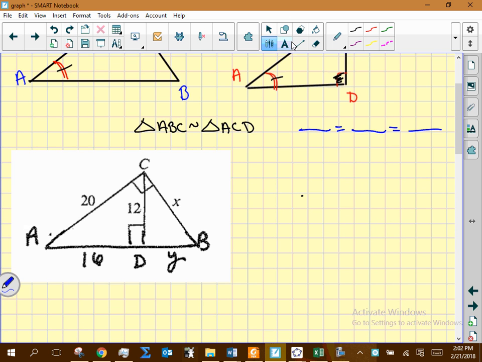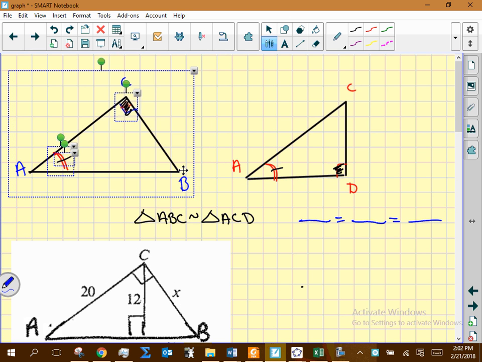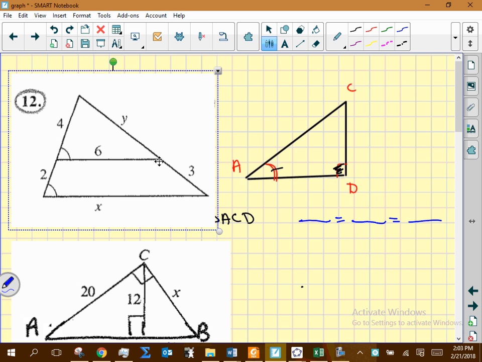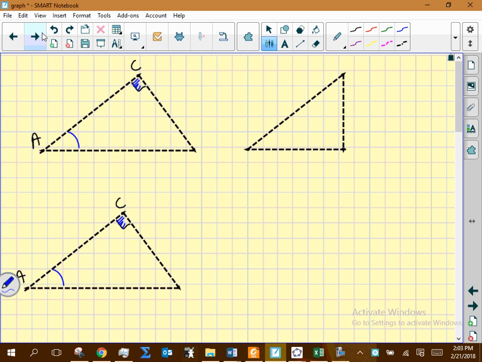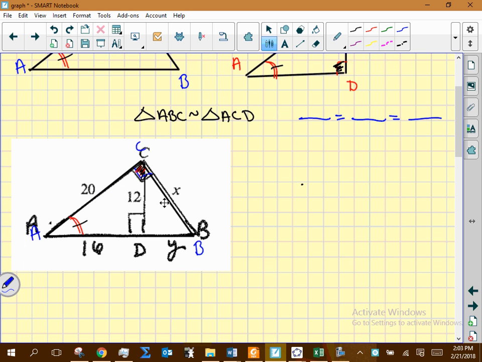Now, can I look at the overall triangle again, and now compare it to this one on the right?